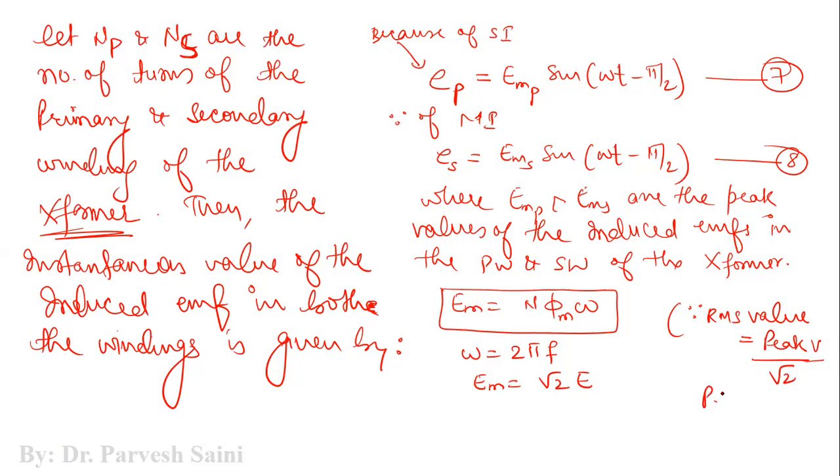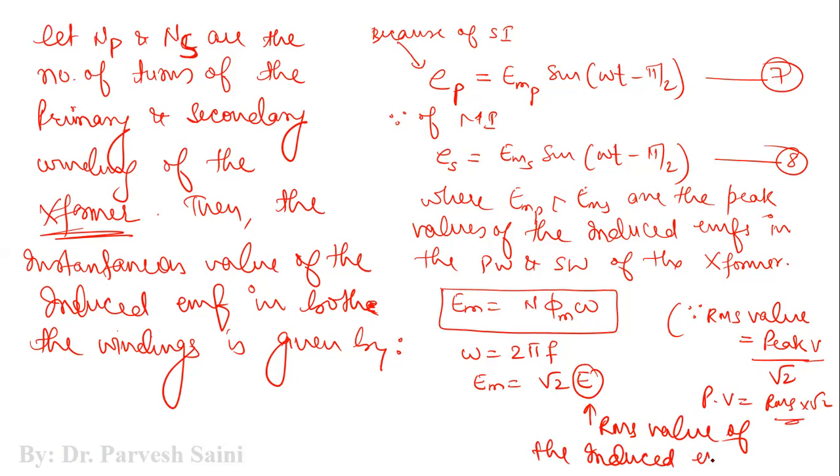So the peak value is equal to RMS into under root 2. So this E is the RMS value of the induced EMF, right? So let us simplify this one.